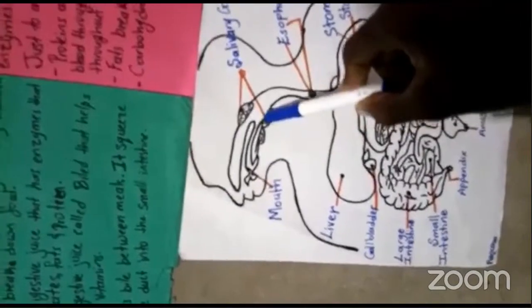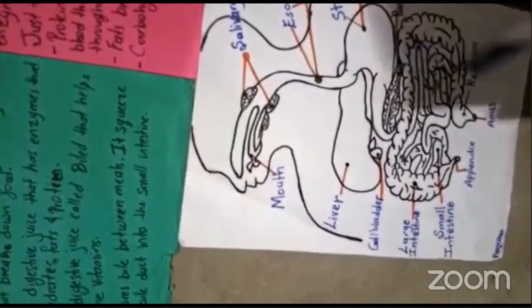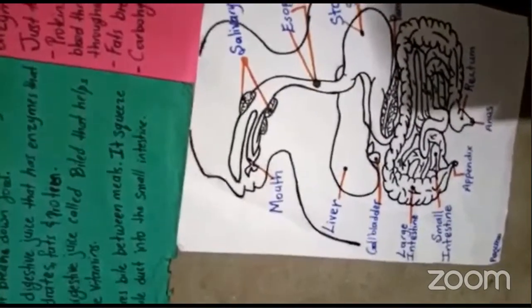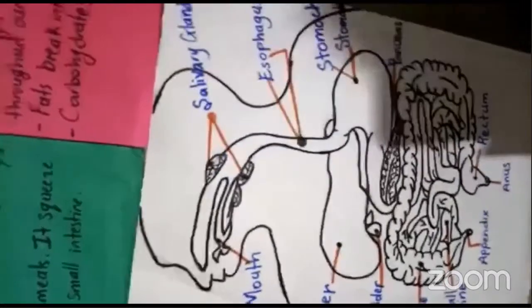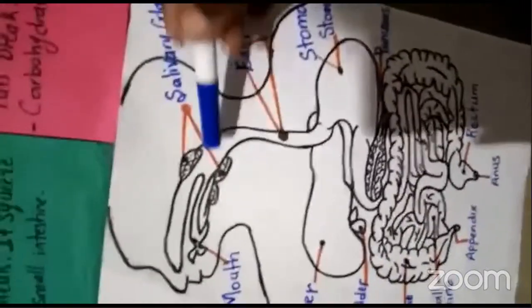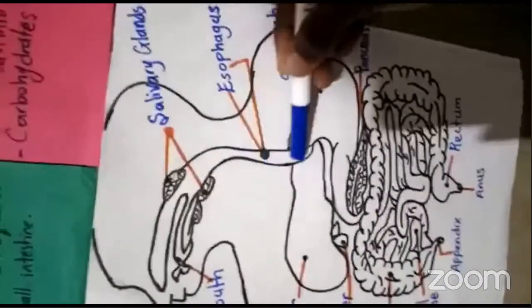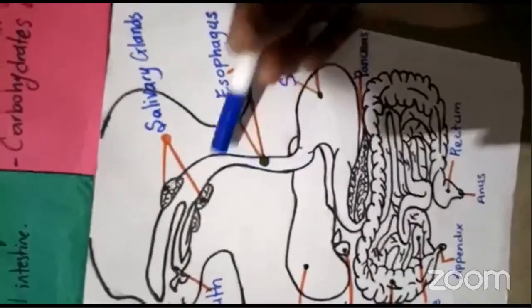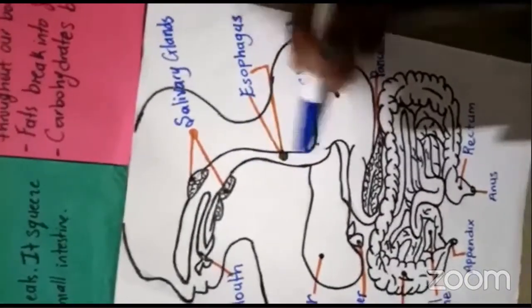The epiglottis is a small flap of tissue. It folds over Paul's windpipe to prevent him from choking. Then the apple goes down into the esophagus. And remember, peristalsis takes place within the esophagus as well.